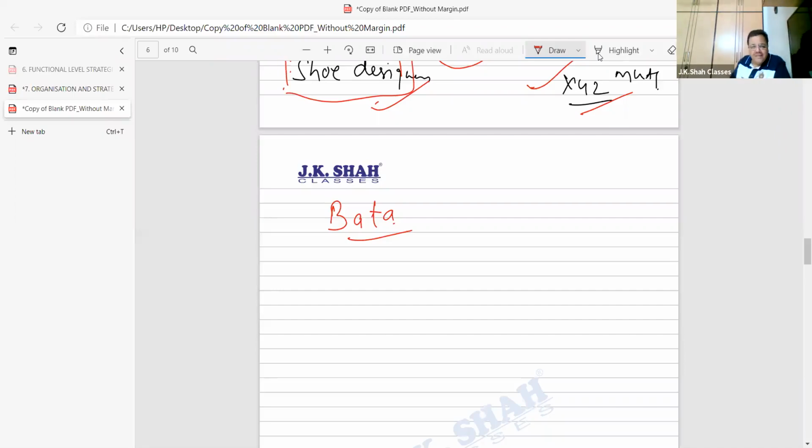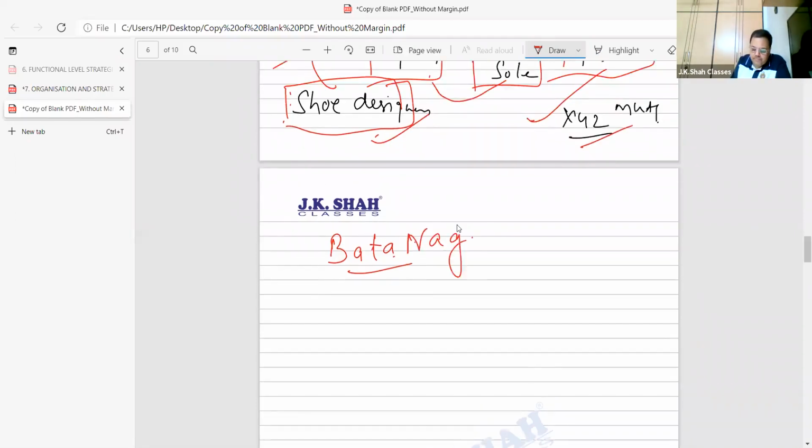So what has Bata done? That full village now makes shoes, and all the people in the village make shoes for Bata. In fact, that full village is now called Bata Nagar.